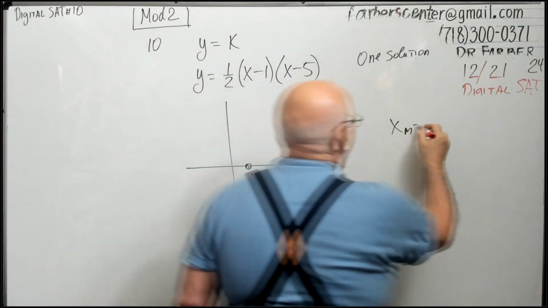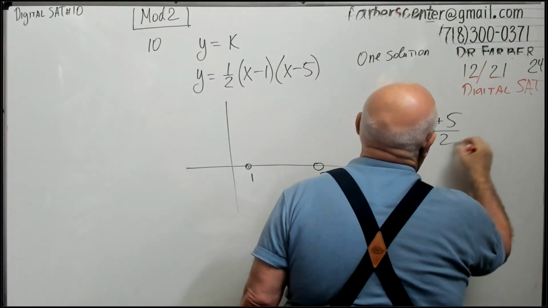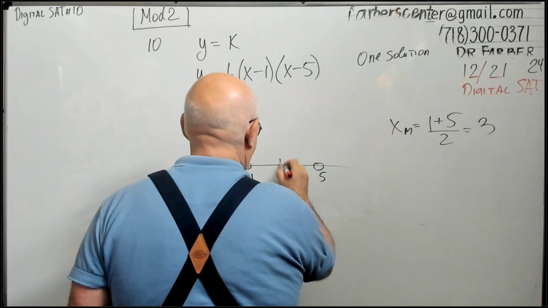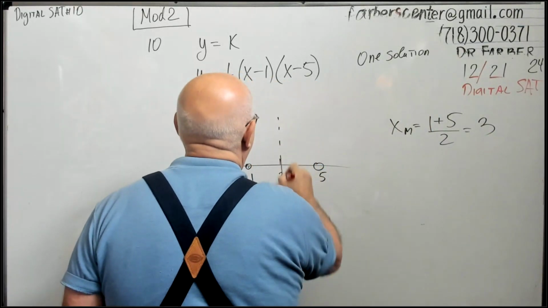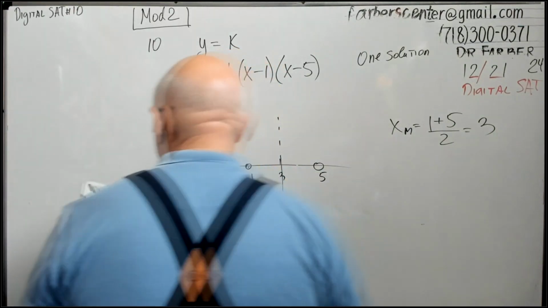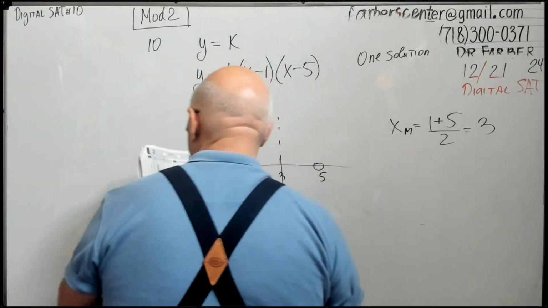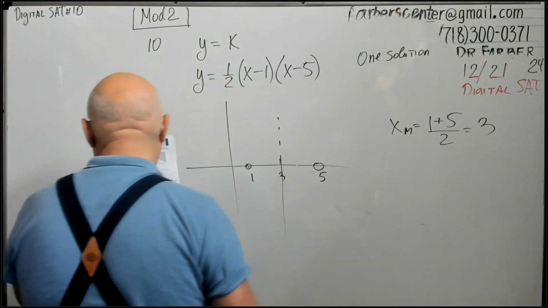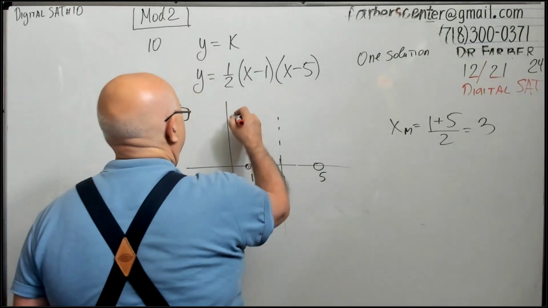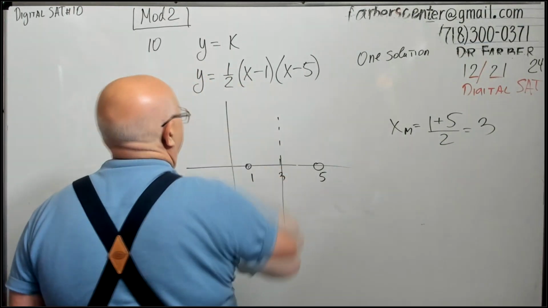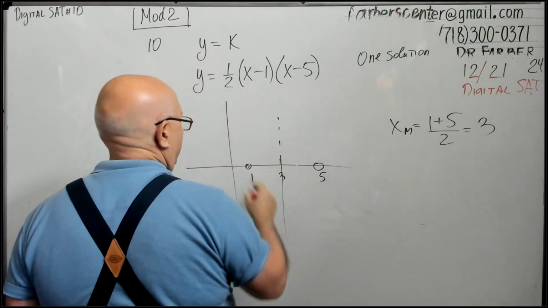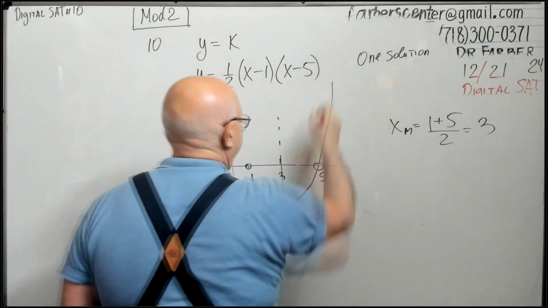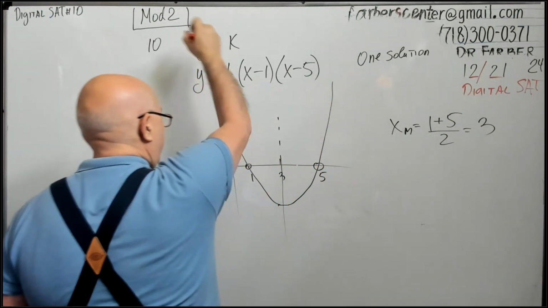Midpoint: 1 plus 5 by 2 is 3. And this is 3. Right? If you make this a system, and k is a constant, what are we supposed to do? Since the leading coefficient is positive, the parabola opens upward like this. This is how it looks.